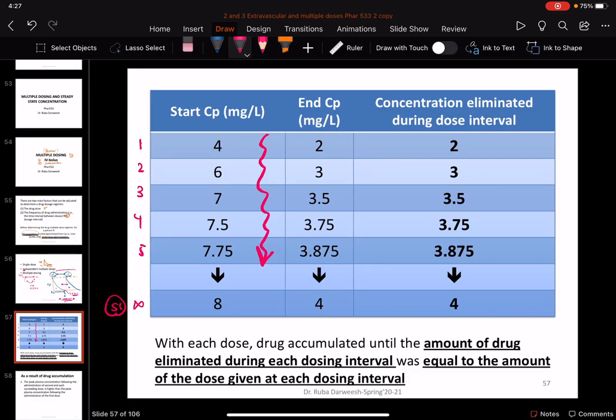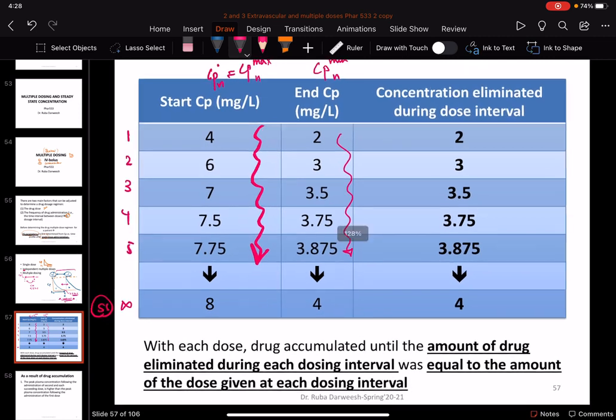Okay, the start concentration, or let's call it CB node, for each dose, which is the same as CB max of each dose, according to what we know, is increasing as the dose number increases, and CB end or the CB minimum of that dose is again increasing in small increments for each and every dose.